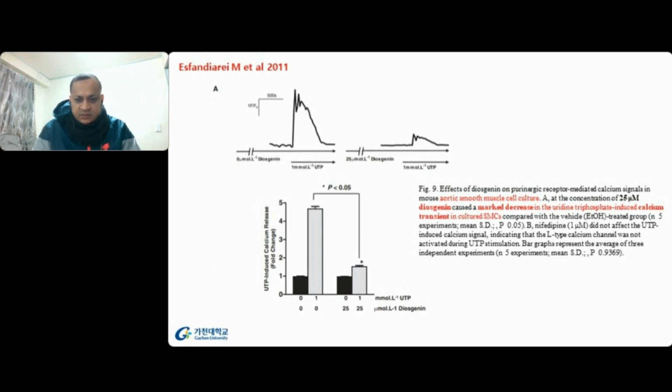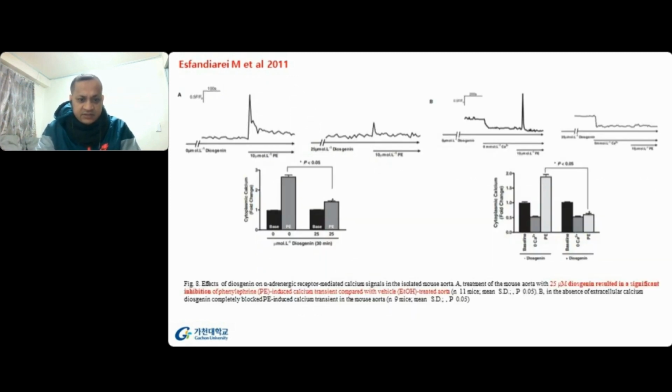In this published article, they found that diosgenin caused a marked decrease in the uridine triphosphate-induced calcium transient in cultured smooth muscle cells. Diosgenin can reduce the calcium current flow, that means the calcium influx.